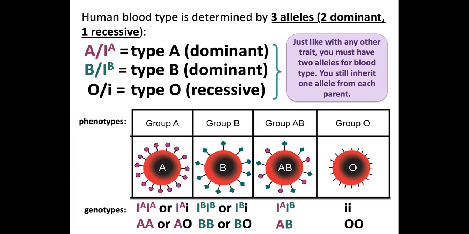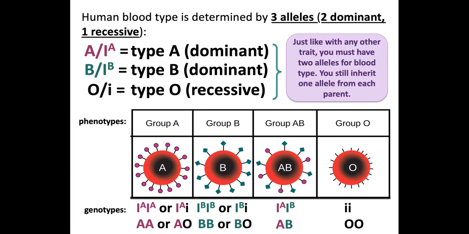So IB would be homo, and IB little i would be hetero, okay? IA IB, that is codominant, so they both show. And then little i is type O, which is recessive, okay?